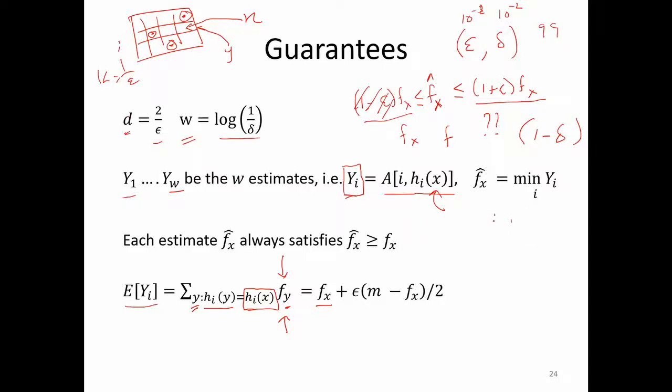So the probability that hi of y is equal to hi of x is 1 by d, which is nothing but epsilon by 2.